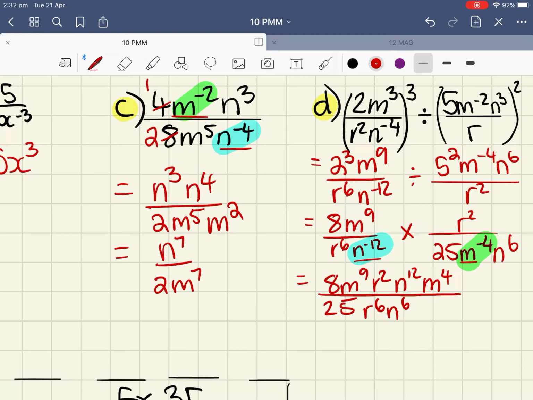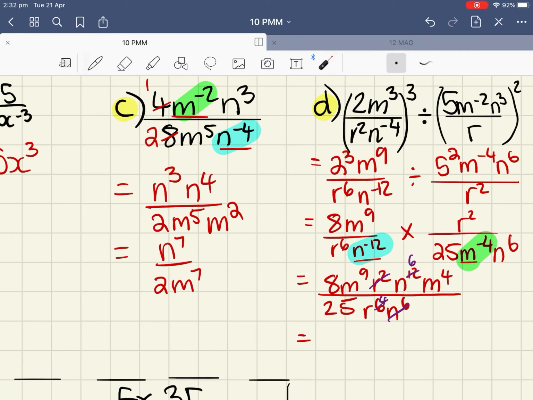How you want to simplify, whether you would like to cancel things out, that's what I'm going to do. All right, so I've got n to the 12 and n to the 6 here. So that means I've got 6 n's left on top. I've got r squared on top and r to the 6 on the bottom, which means I've got 4 of those left on the bottom.